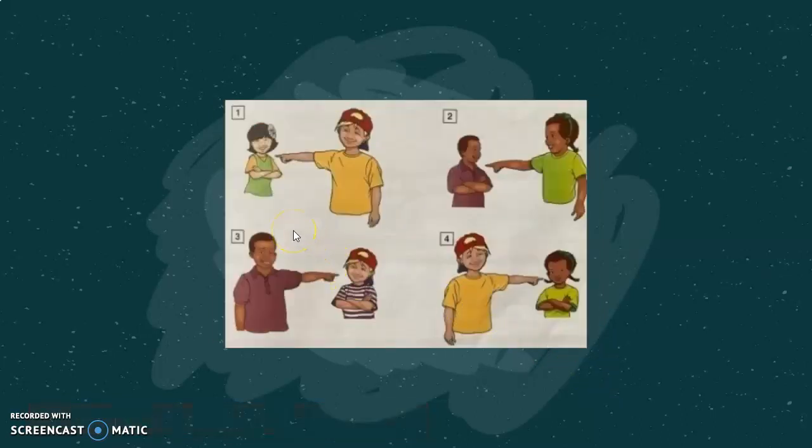Okay, now this might look a little different than what you have in your book. Here, Antonio is pointing to Isabel, and he's going to describe something that she likes. Let's see. A Isabel le gusta la manzana. A Pablo le gustan los churros. A Antonio le gusta el pastel.